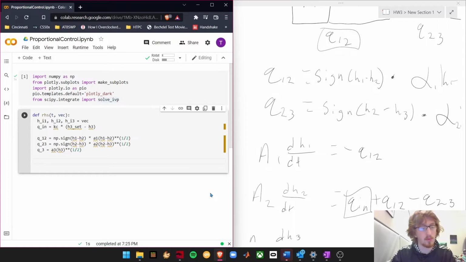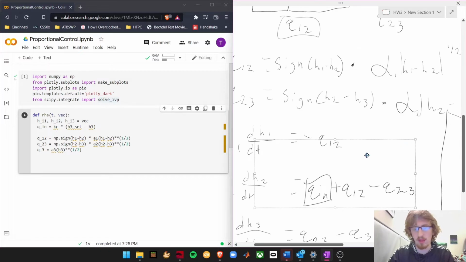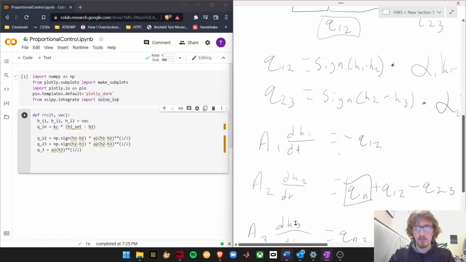So from here, we want our function to return each of these equations over here. These three equations over here. So we have our right-hand side of the equation, and we want to move this cross-sectional area over to the other side, so we're only solving for the integral of the derivative of height.